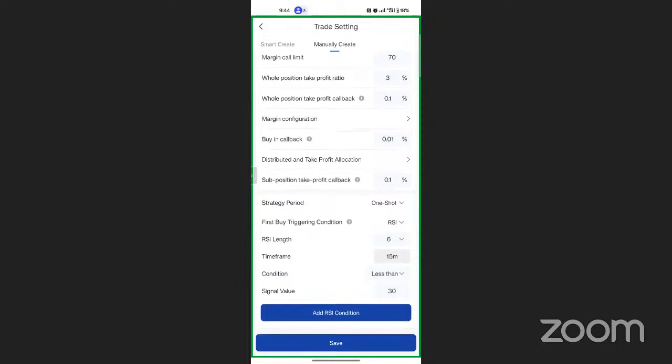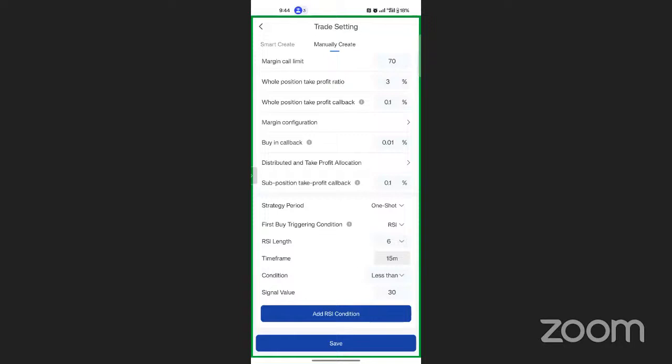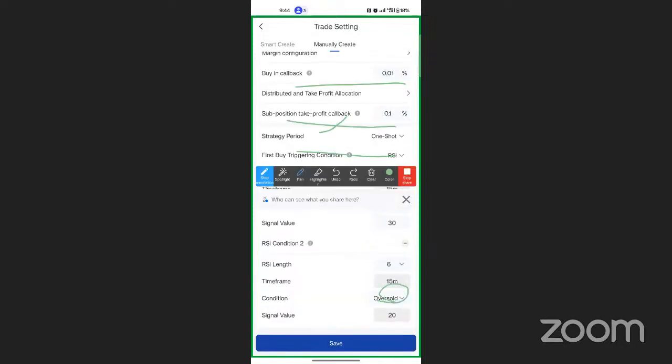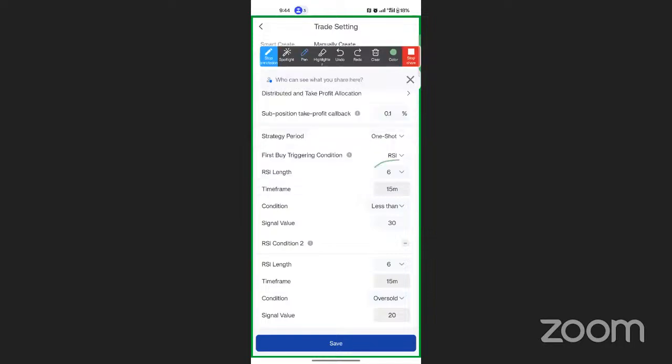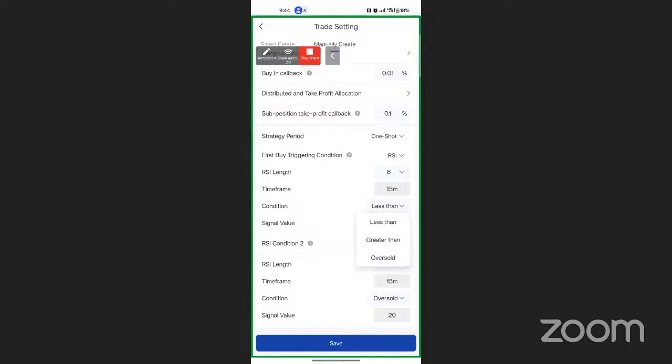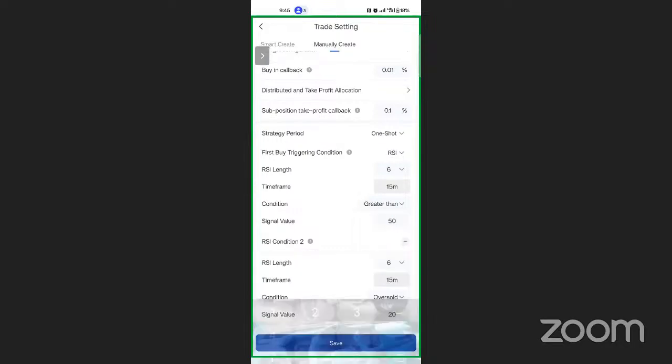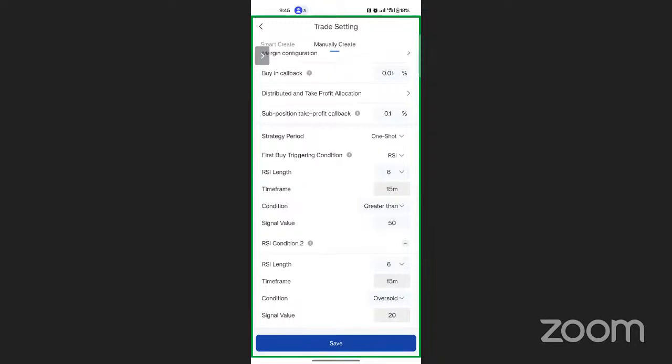Now, I can also decide to add another condition on the RSI. Here, I'm using 6. I love when it is above 50. Let me say greater than 50 here. Now, I want to use the second condition.